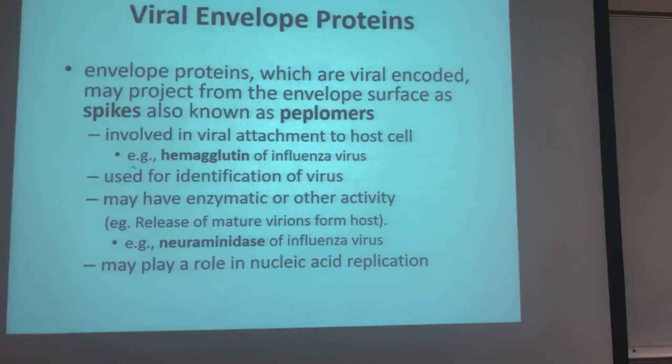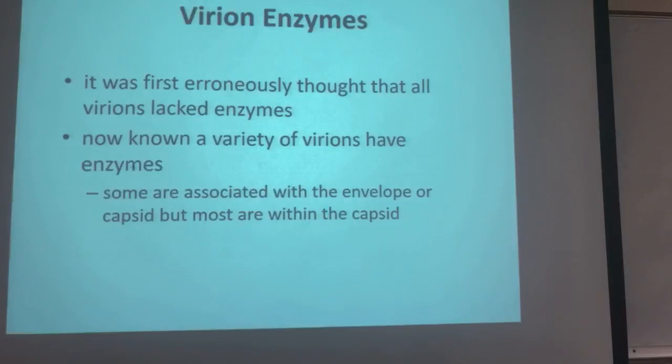H represents hemagglutinin. Don't forget to add an extra IN at the end of that, hemagglutinin. And what does hemagglutinin do? It's involved in viral attachment, okay? And then we also should know neuraminidase. What does that one do? Once the flu is inside the cell, it helps it release into the cell, from the vesicle into the cell. Okay, so let's understand what hemagglutinin and neuraminidase do. What else?